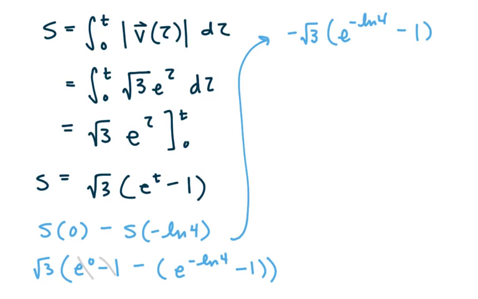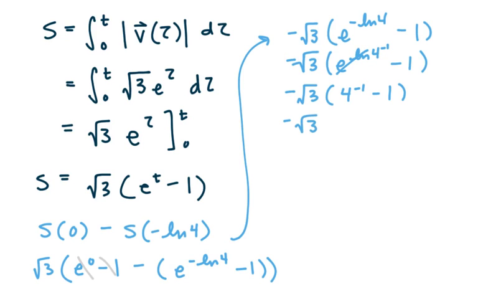So we need to simplify negative natural log of 4. That's a negative 1 in front of the natural log. So that's the same as e to the natural log of 4 to the negative 1 minus 1. And I end up with 4 to the negative 1 minus 1, or 1/4 minus 1.